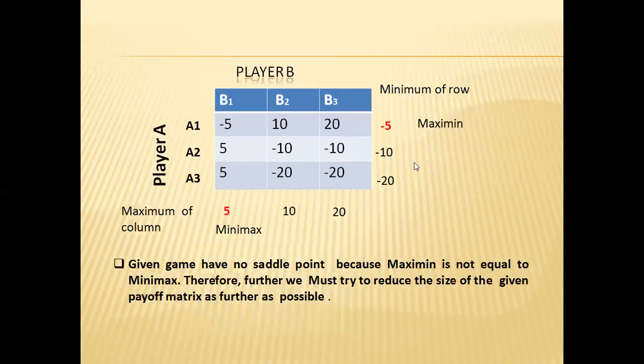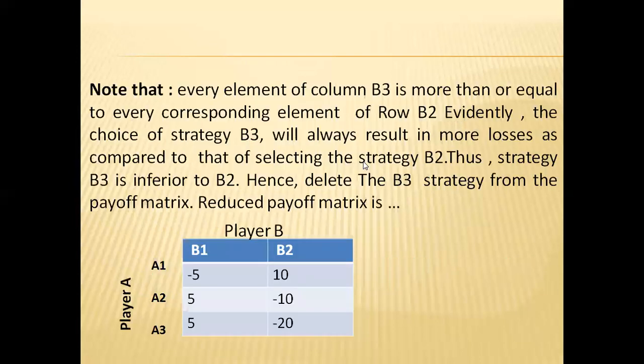So here it is clearly specified that every element existing in the row 2 is maintained with respect to the equal strategy, that is -10, -10, -20, -20, which is equivalent for both these strategies, and hence evidently the choice of strategy B3 will always result in more losses.